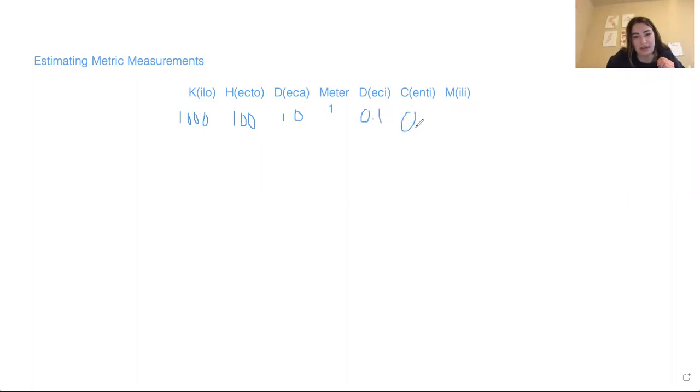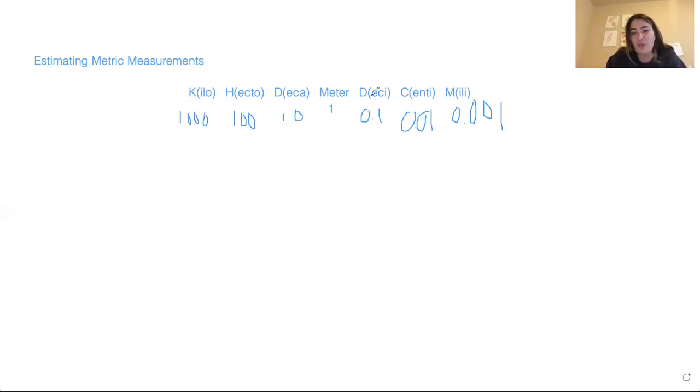A centimeter is 1/100th of a meter and a millimeter is 1/1,000th of a meter. Sorry about that. So it's 0.001. Okay, so it goes 1,000, 100, 10, 1, a tenth, 100th, 1,000th. So 1 kilometer is 1,000 meters, and that's how you work each way.